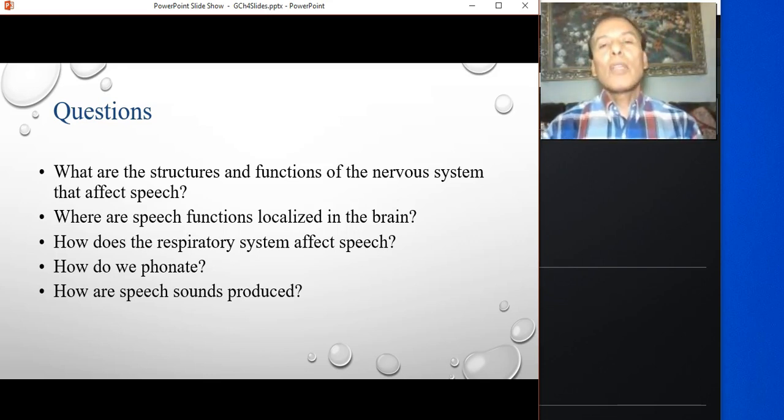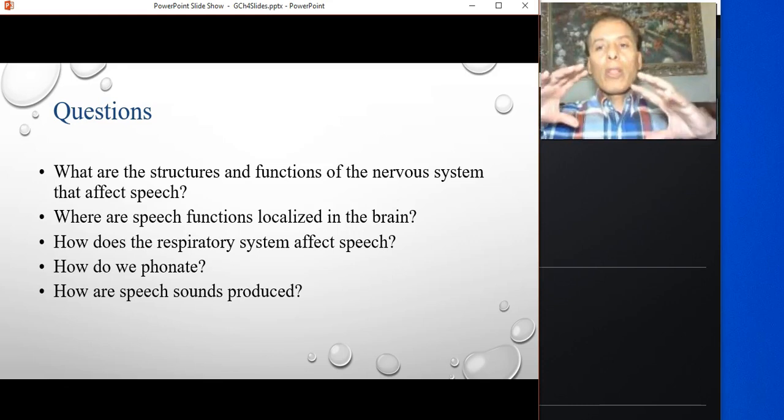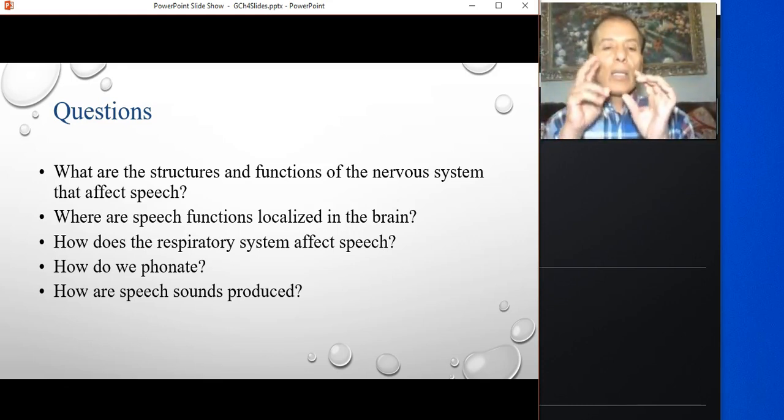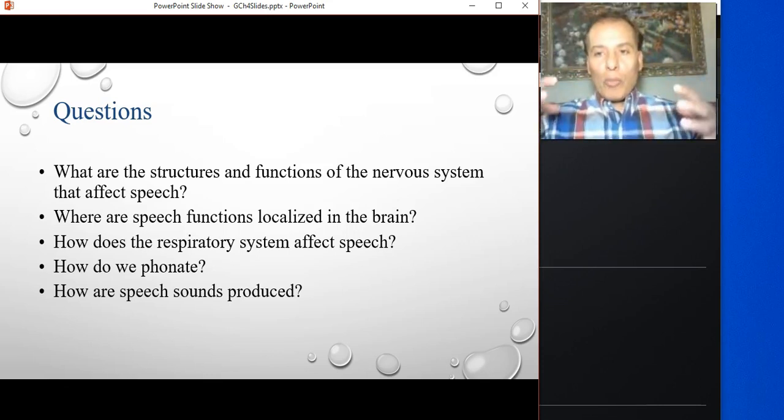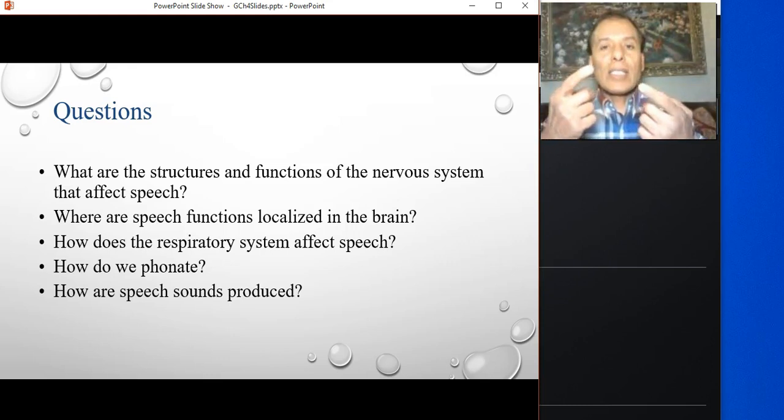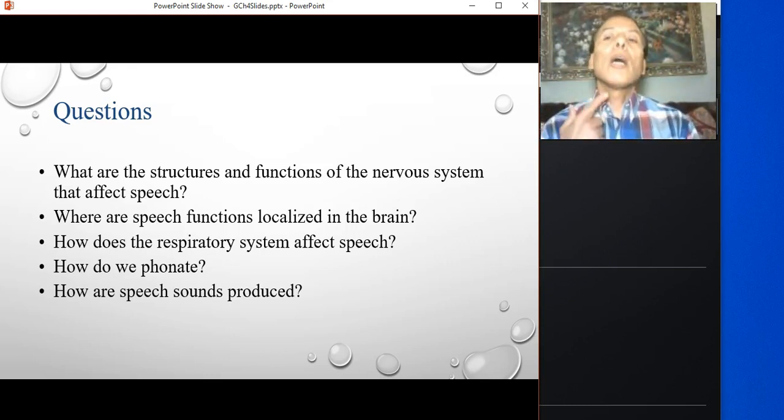Then we have the respiratory system, which basically fills the lungs with air. As the air is exhaled, we valve it with the vocal folds, and we use the pressure as the air is exiting in order to generate a buzz.